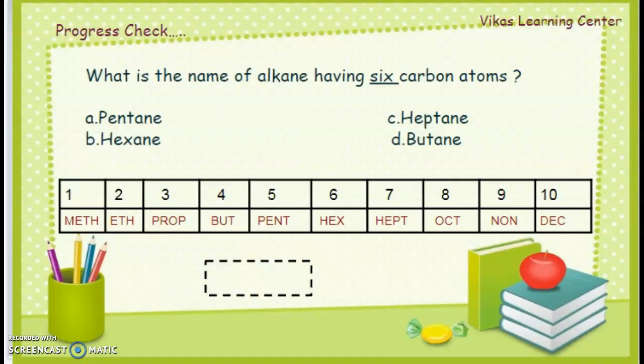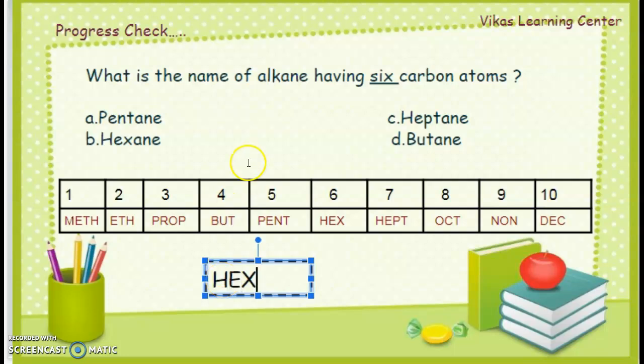Let's do a small progress check. What is the name of the alkane having 6 carbon atoms? Look at this table and you will get your answer. You know that if there are 6 carbon atoms, the name will initiate with hex, H-E-X.